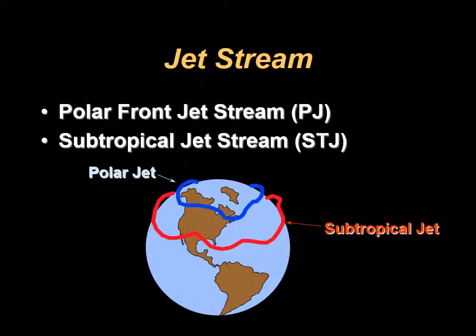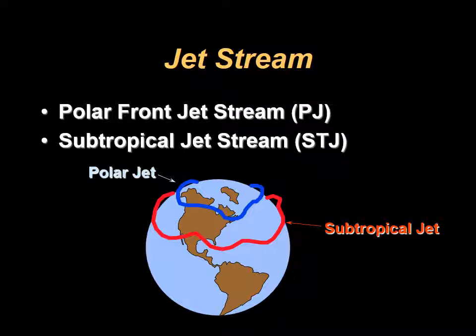The polar jet stream moves, of course, across the entire world. It's connected with stronger winds represented by jet streaks that move through the jet stream. Generally speaking, the polar front jet stream separates the cold air up in the Arctic from the warm air down in the tropical locations.